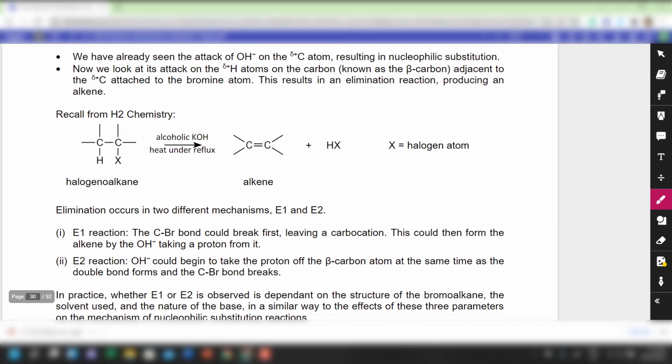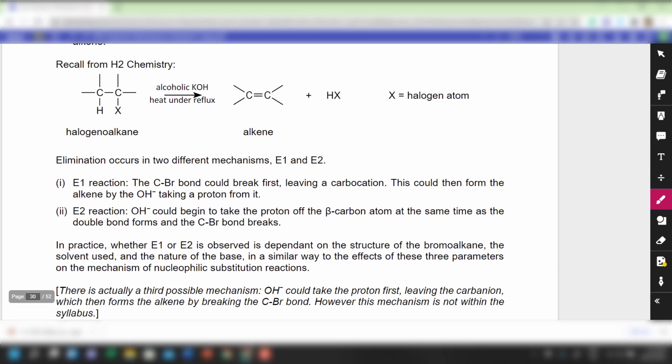Most of the elimination which you learn in H3, or which you will ever encounter in a higher 2 or higher 3 curriculum, will be beta elimination. There are two mechanisms, E1 and E2. They share the same rate equation as SN1 and SN2 respectively.